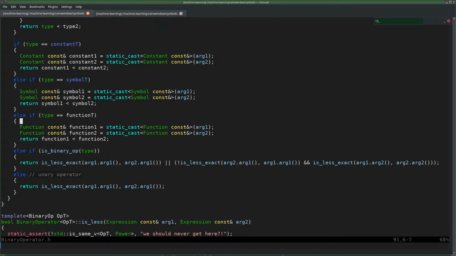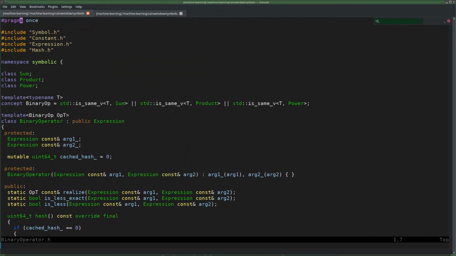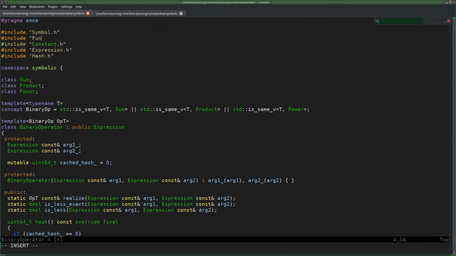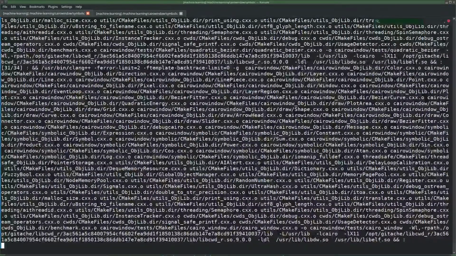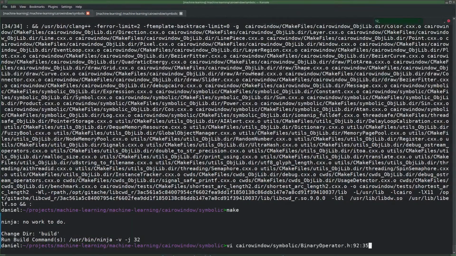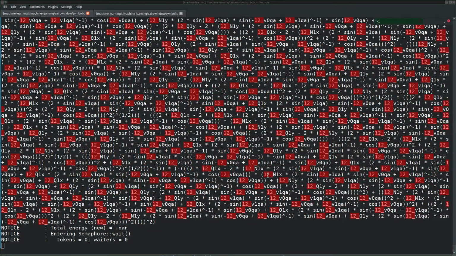Oh shit. Total energy, not a number. Shit.